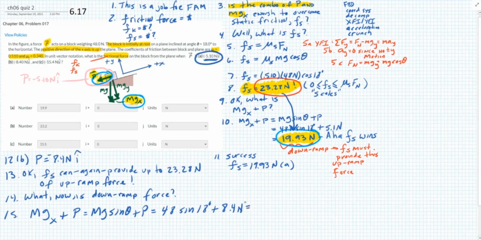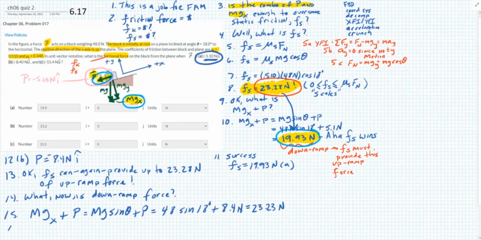So numerically, what I have now is 48 times sine of 18 plus 8.4. Right, so now this is my total downward force, 23.23 newtons.